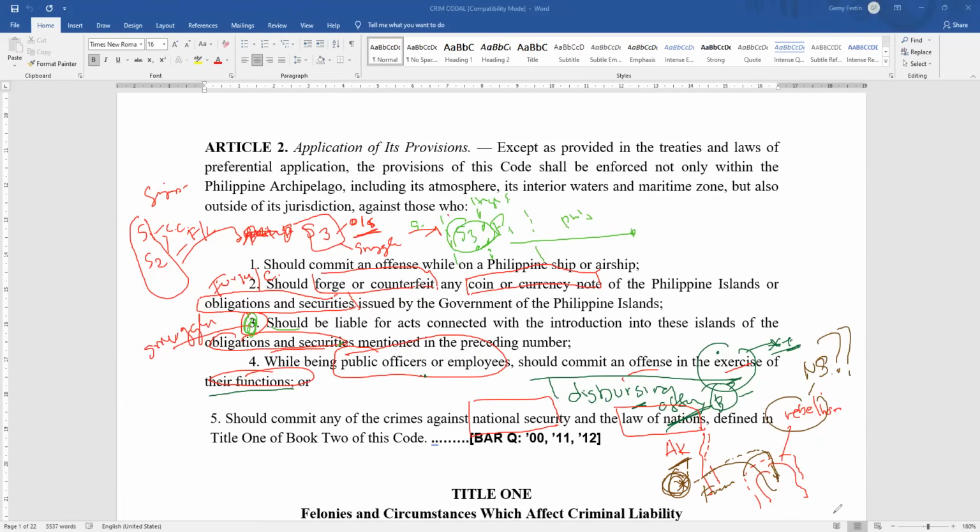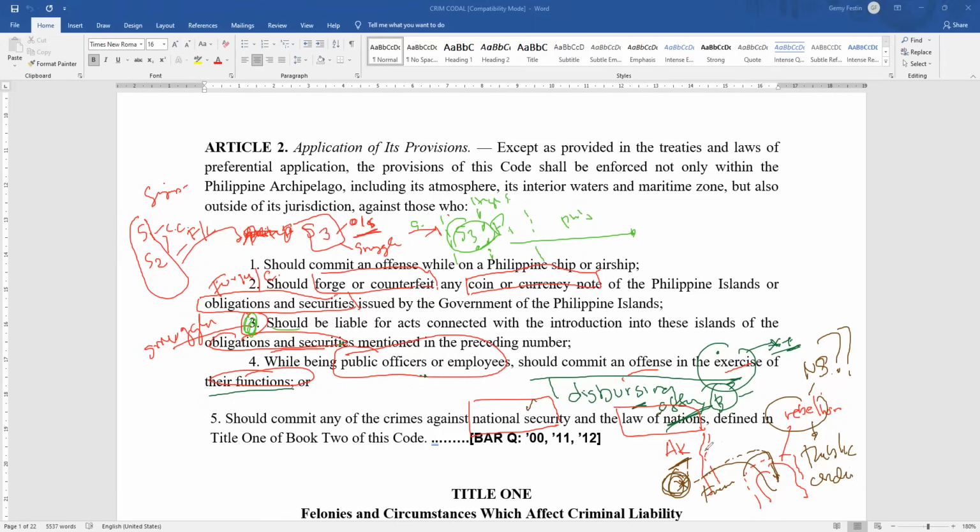Outside the Philippines, we have no jurisdiction to try the case. Now, rebellion is not a crime against national security. It is a crime against public order. So since it's a crime against public order, we do not have jurisdiction to try the case, because it is only national security and the law of nations.